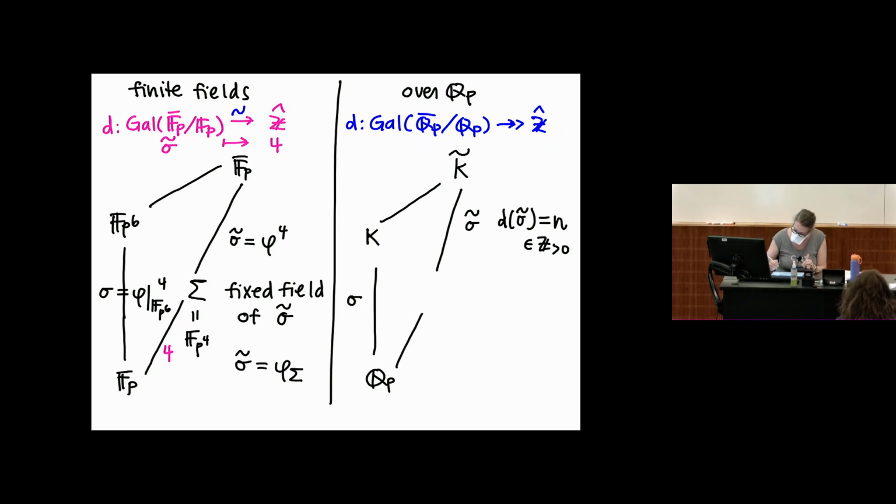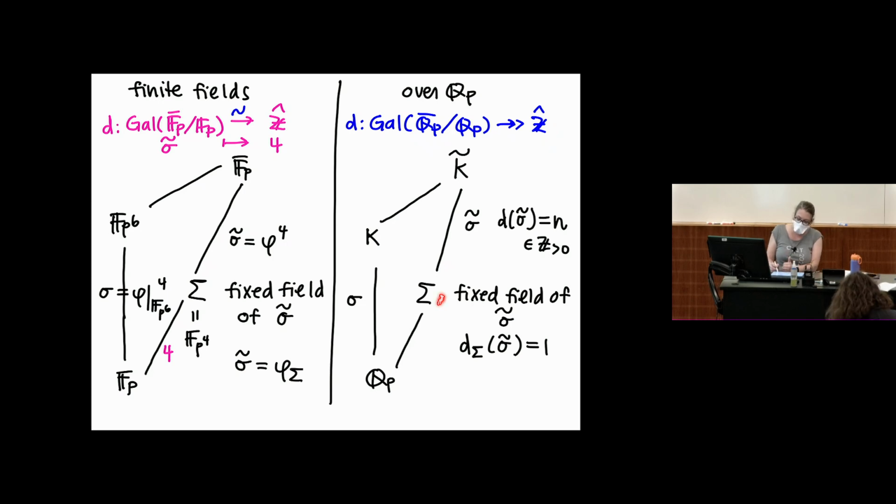And then this sigma tilde has some fixed field. There's not a Frobenius in that extension because it might not be unramified, but when you compute its score relative to capital sigma, it's 1, which is how you say something is like the Frobenius, a generator.